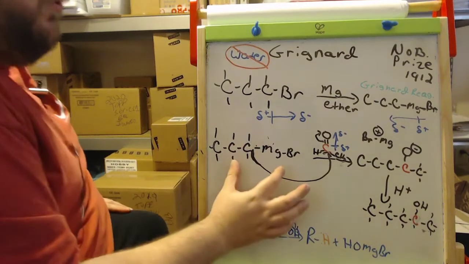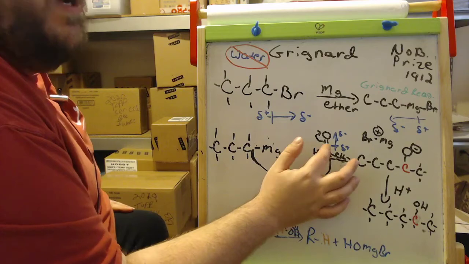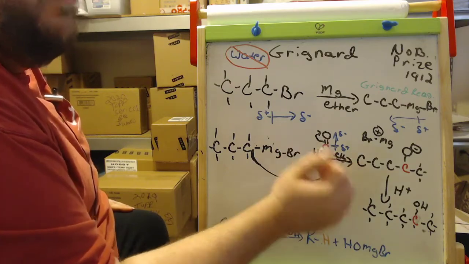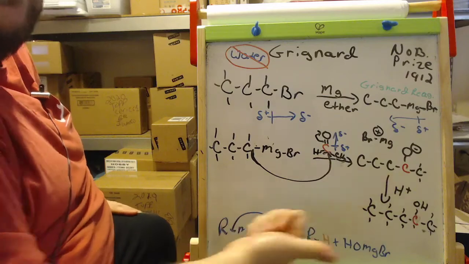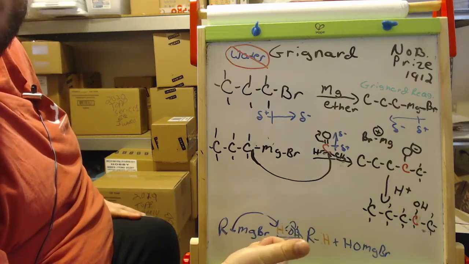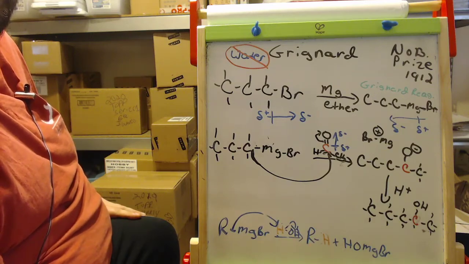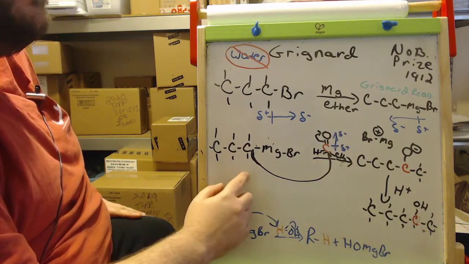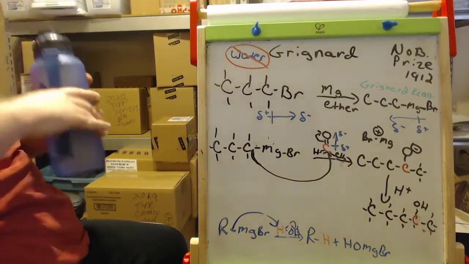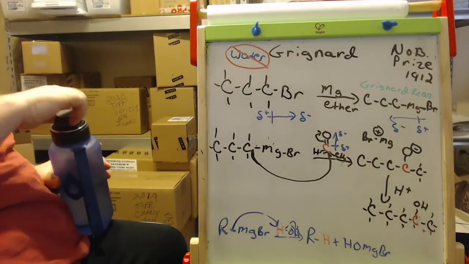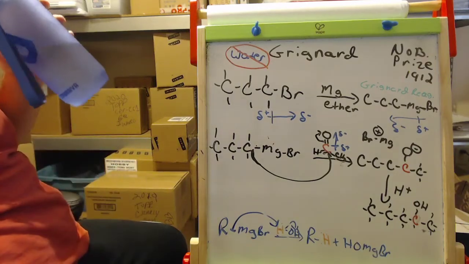Now, we bring the Grignard reagent down, and we need to react it with a carbonyl carbon, whether it's an aldehyde, a ketone, or an ester. Grignard reagents will not react with carboxylic acids. But it will react with aldehydes, it will react with ketones, and it will react with esters, and we'll look at a couple after this.